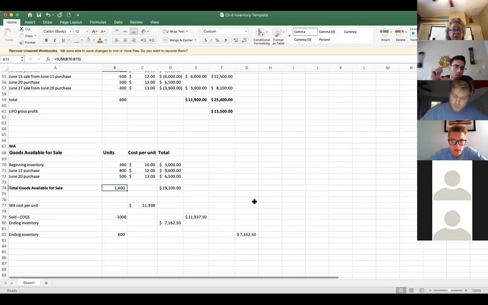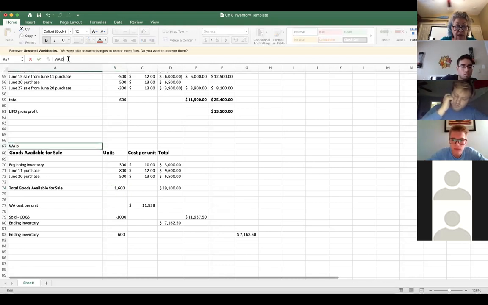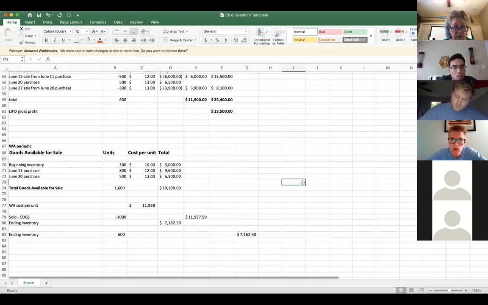I'm only asking that you do it periodic, not perpetual. Because as you saw, calculating that moving average just takes time. And when we do an exam in class, I don't want you spending time calculating a moving average. I'd rather you focus on the concept. As long as you understand the concept of calculating your weighted average, whether you're doing it at the end of the year only or doing it perpetually, it's just calculating the weighted average of the units that you have at that time.